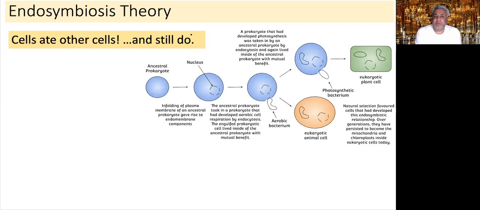The second solution is to divide the cell into compartments. And each compartment can then do its own biochemical reactions without interfering with the different compartment. It's like us in a library, right? If everybody in the library is in a single room and we're talking to each other, it's very hard to hear any particular conversation.